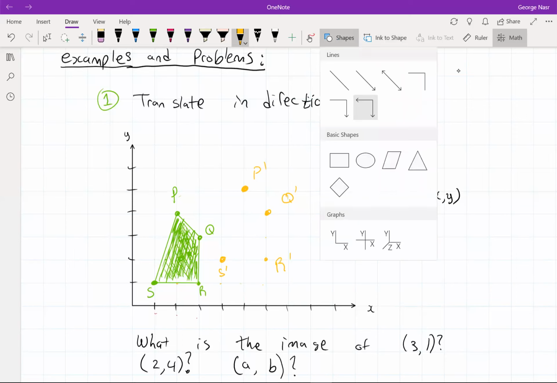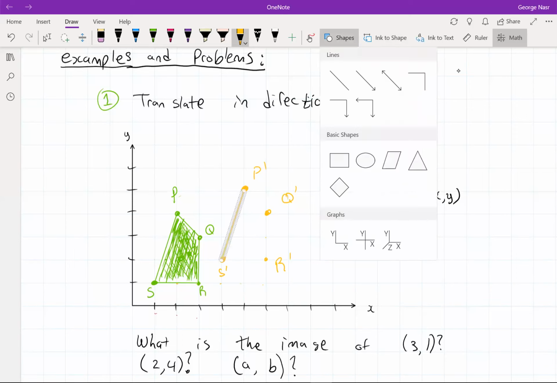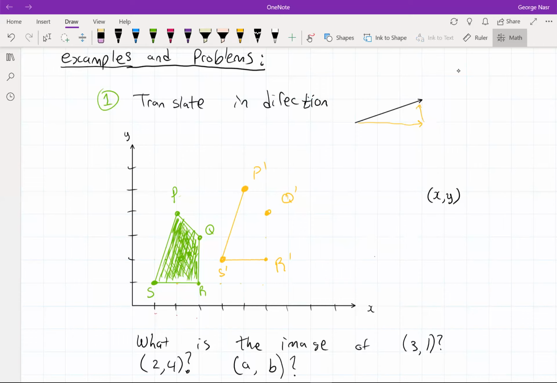And now if I connect up all these points, whoops, that last one wasn't perfect.